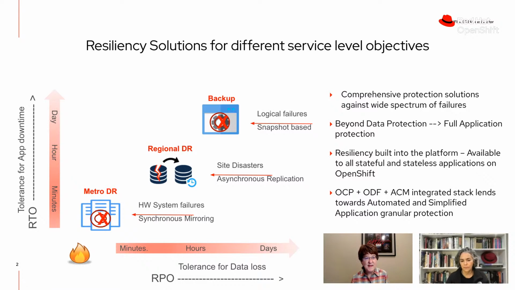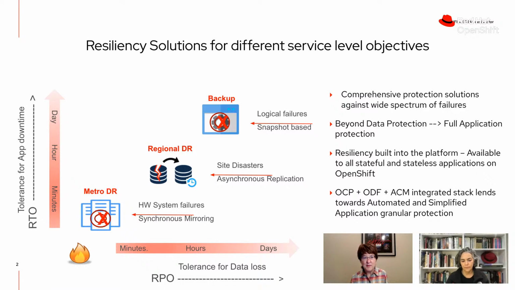If we contrast that to the bottom, it's sort of the best of both worlds, except it is latency limited in terms of distance between the locations. To keep that synchronous and to keep the IO performance what it needs to be, synchronous means I do a write, I wait for all of the replicas, and with ODF, we know the default is 3 replicas.